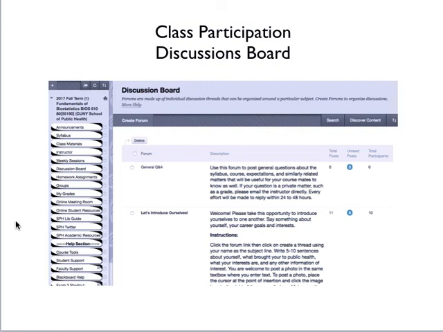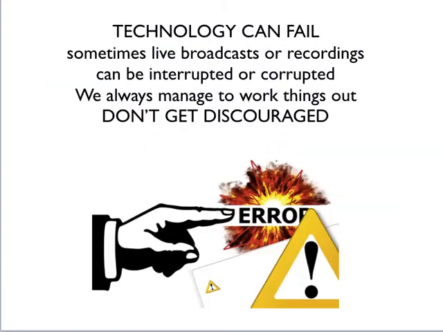In other words, if a student has a question or wants to discuss some material, they have a place where they can post a question or make a statement. Other students can chime in and perhaps help guide them through the material, and I can also put my 2 cents in, so that we can all cooperate with each other and make sure that we all progress through this course.